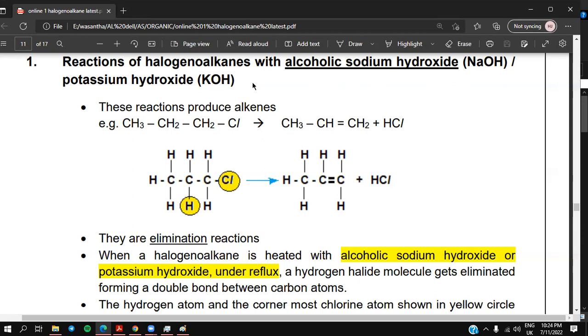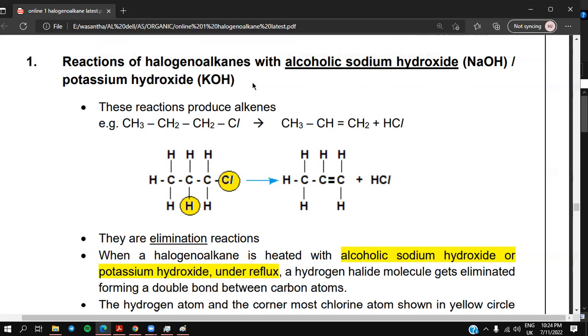This is a very commonly found area in the paper. We'll see. These reactions produce alkenes. How is it possible? Here we have CH3 CH2 CH2 Cl molecule going to CH3 CH double bond CH2 plus HCl.